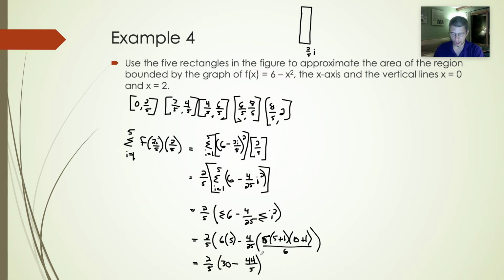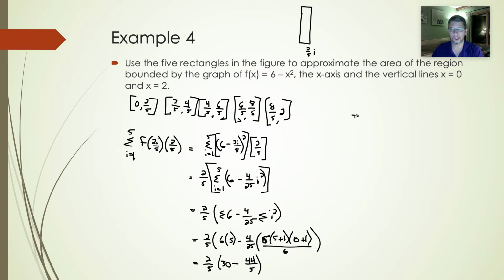And then 30 times 2 is 60/5. And then 2 times that is 88 over 25. So 5 times 60 is 300, minus 88 is 212.